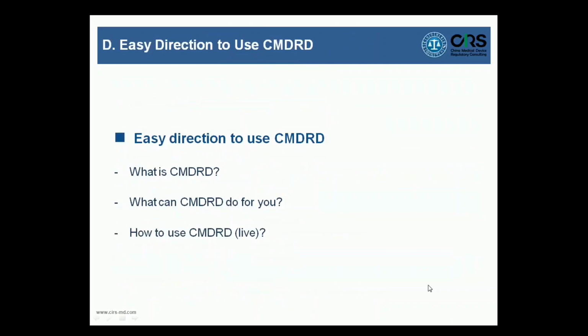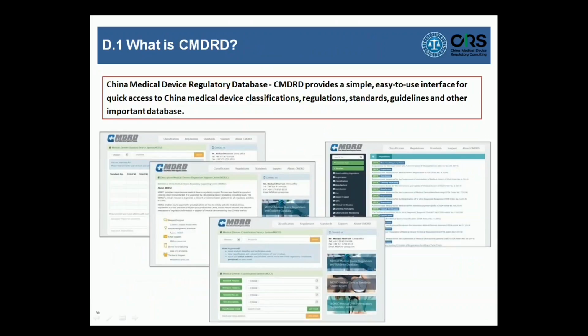Part 4. In this section, I will share with you our powerful database. It's very smart and user-friendly. So, what is CMDRD? CMDRD is short for the China Medical Device Regulatory Database, and it's an easy-to-use web-based regulatory database on med devices in China.